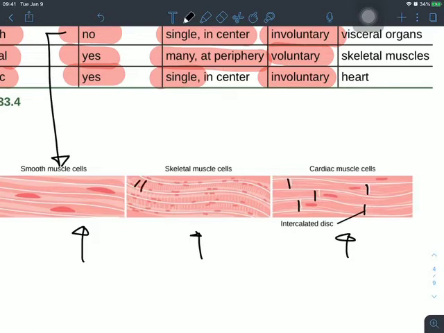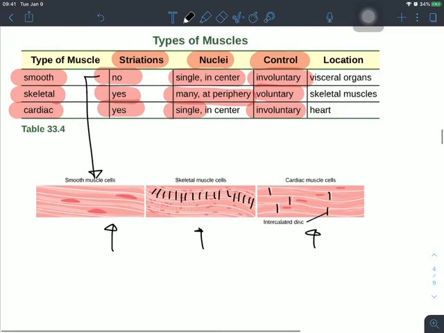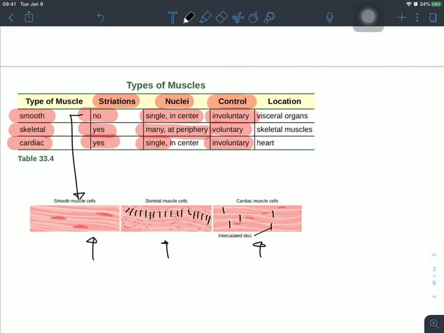And we'll talk later about the protein structures that give these skeletal muscles their ribbed features. The sarcomeres that allow for the push and pull that we see in our skeletal muscles and in our muscular tissue type.